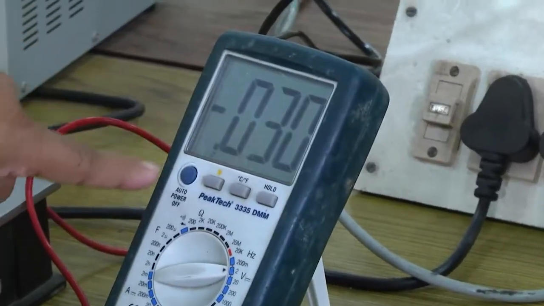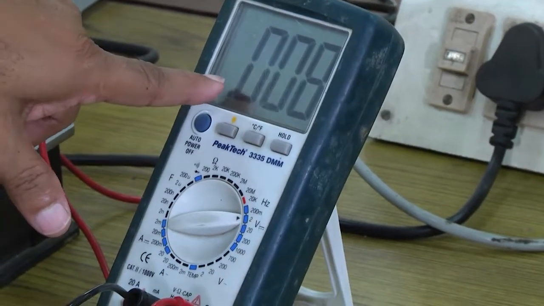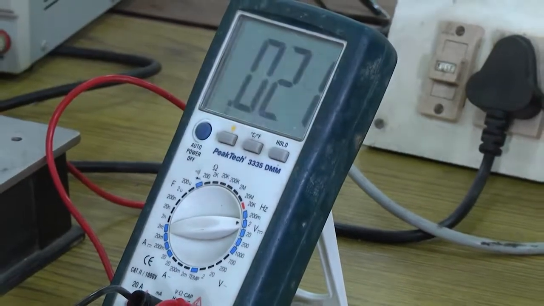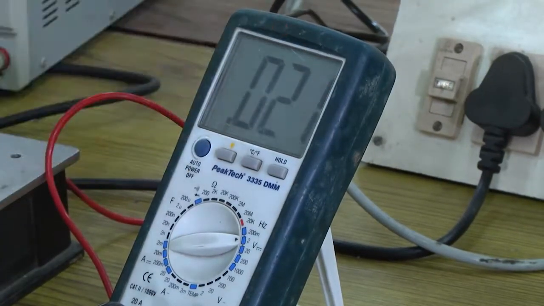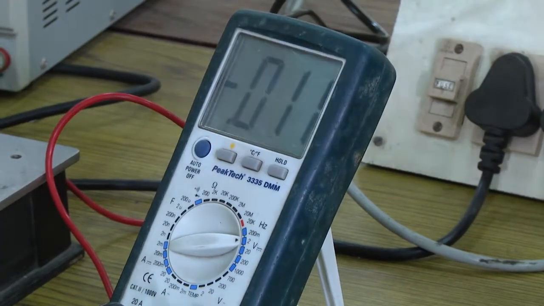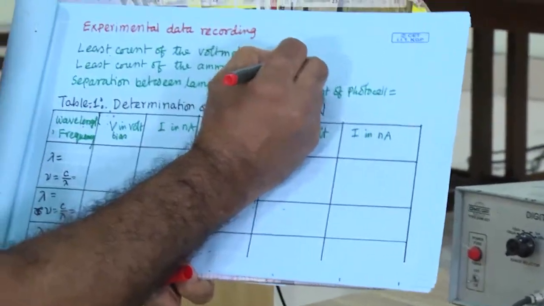So we have chosen the 2 volt scale. Now you get change after decimal point 3. That means 1 millivolt, or 0.001 volt, is the least count for the voltmeter, which we should note down.